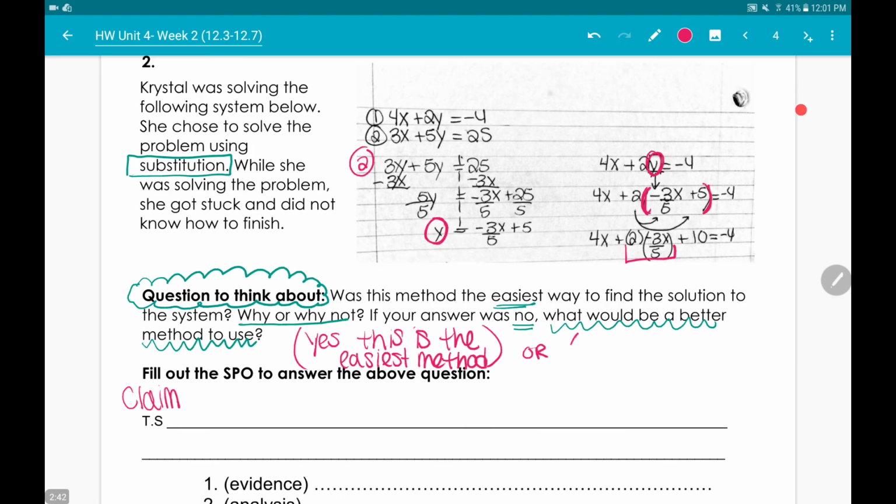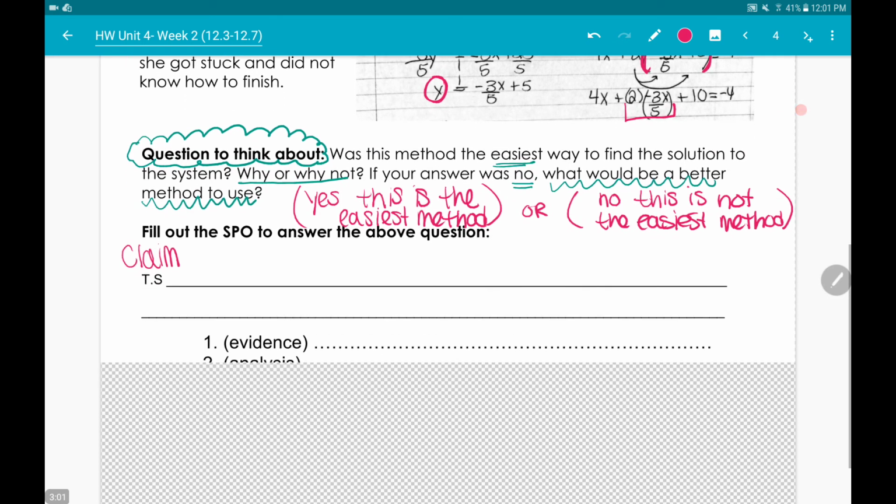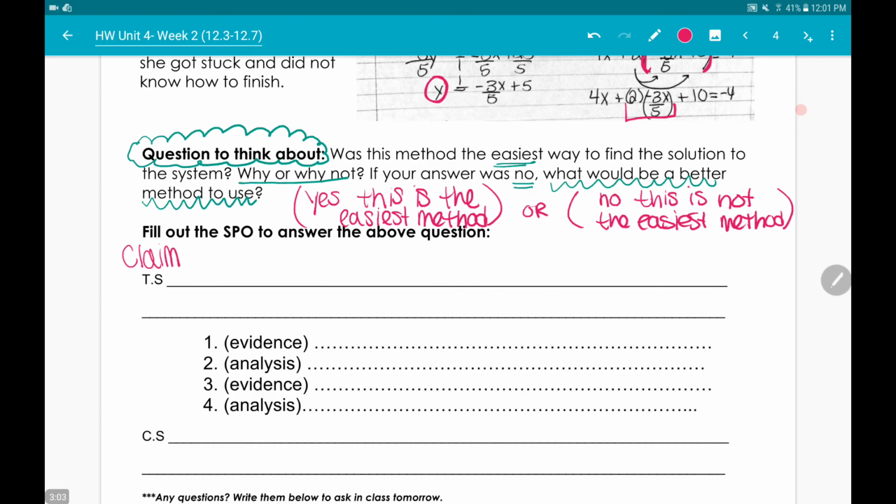Or you're going to say, no, this is not the easiest method. Okay, so why don't you pick your claim and write your topic sentence?